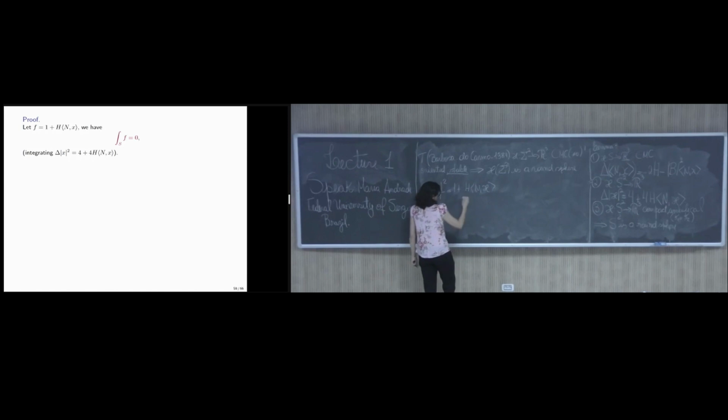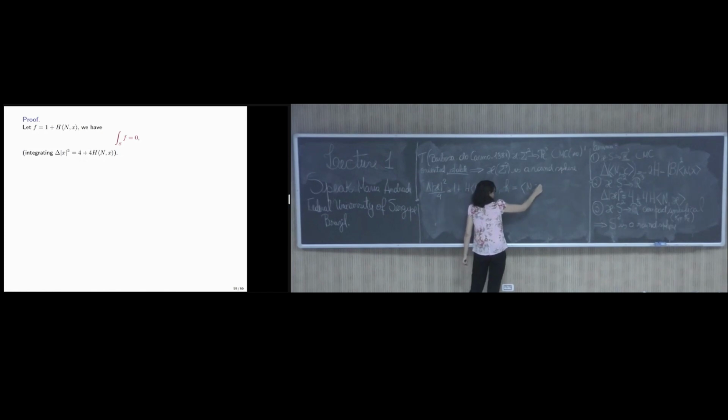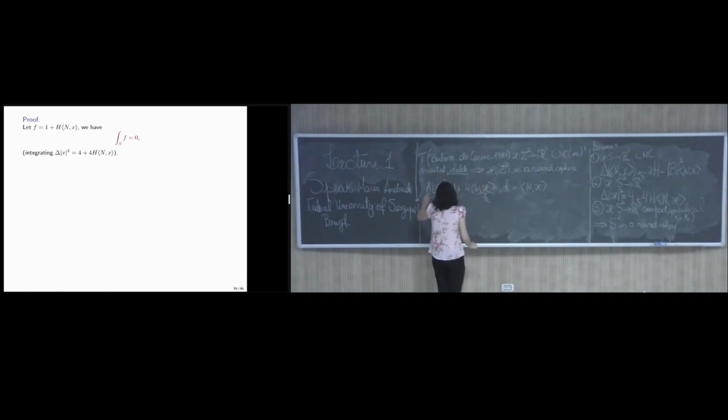I will put here this expression. I call it only by this letter because it's simpler for me to write. So I define this by this letter. So when you integrate this on the surface, you have this equal to 0 because you don't have a border. Then these are the first expression.